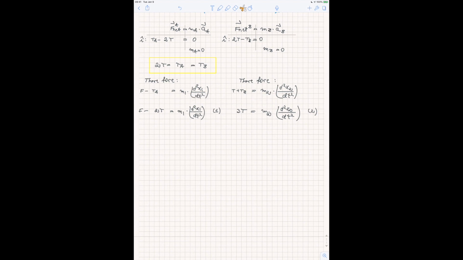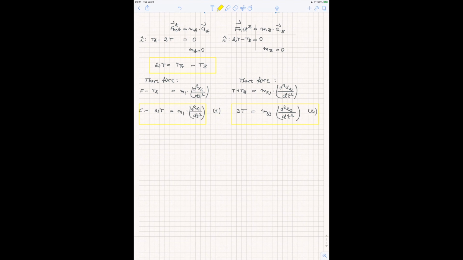All right. So this is an important result for now. What was the goal here? The goal was to solve for the unknown accelerations A1 and A2 as a function of the force and of M1 and M2.